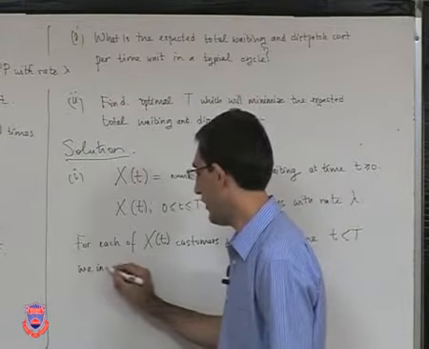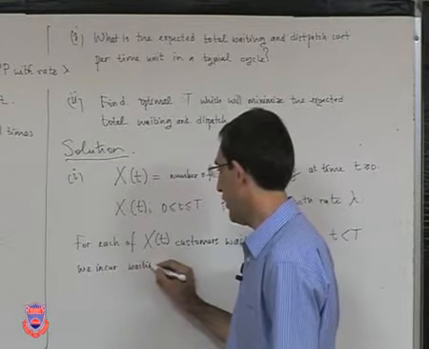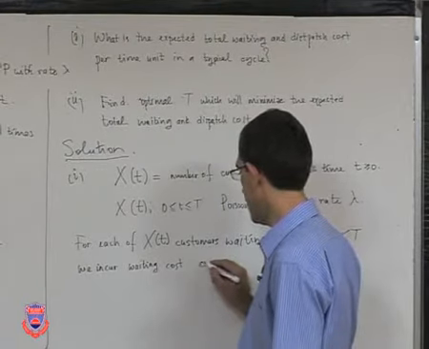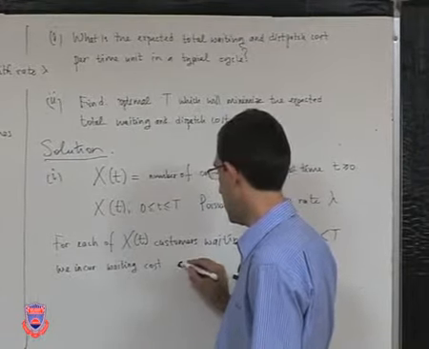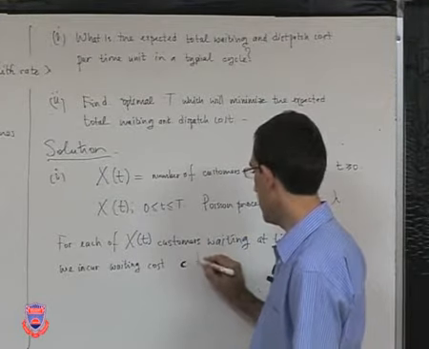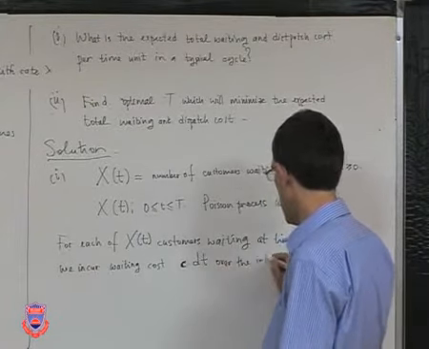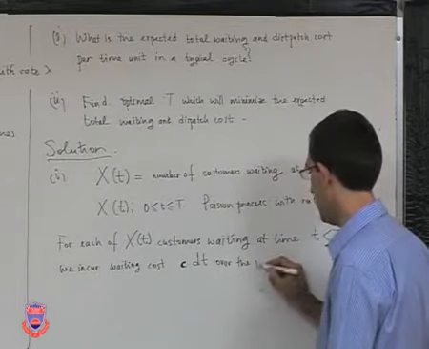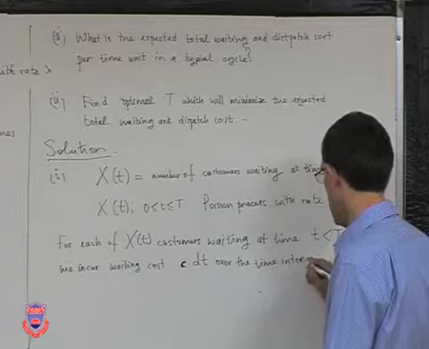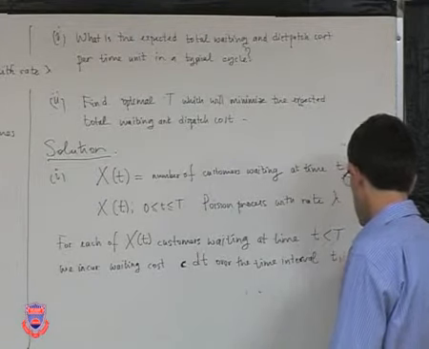we incur a waiting cost c times dt over the time interval from t to t plus delta t.